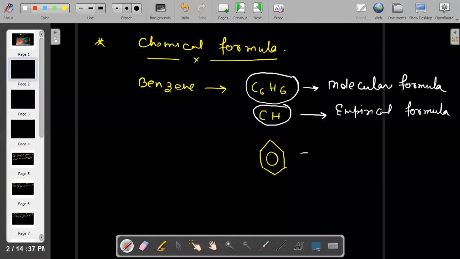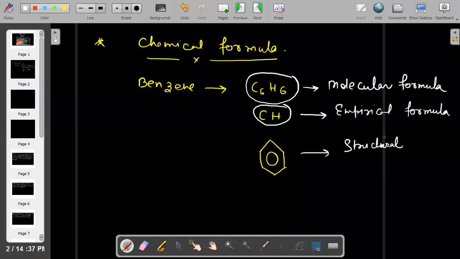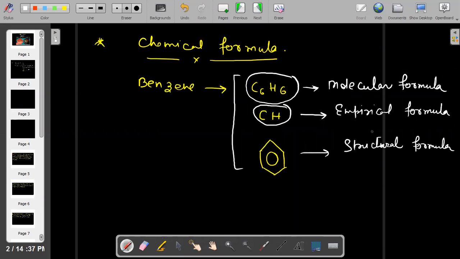Clear? And the structure, this is called structural formula. Always remember those things. So a chemical formula is of three types: first one is molecular formula, empirical formula, and structural formula.